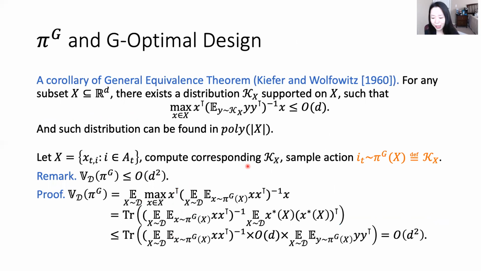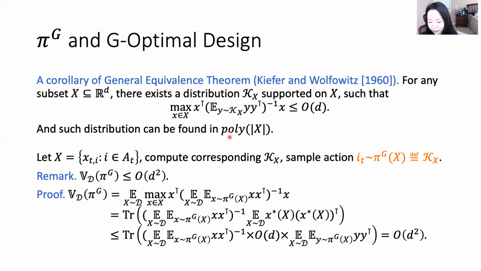So now what is pi-G? Pi-G is derived from a famous corollary of the general equivalence theorem in optimal design, which basically says that for any X, there exists a distribution pi_X supported on X, such that the maximum of the variance can be bounded by d. And such distribution can be efficiently found.